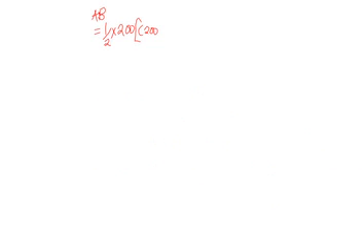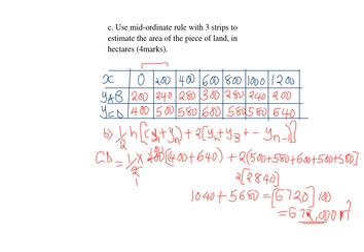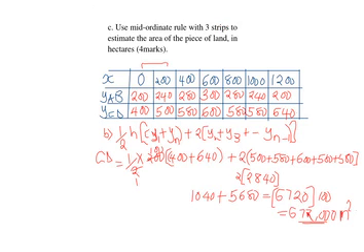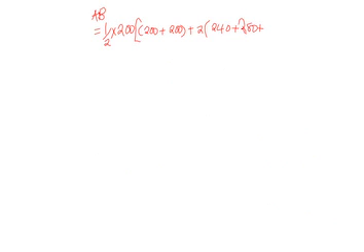So 200 plus 200, then plus 2 multiplied by the sum of the remaining values of y, that is 240 plus 280 plus 300 plus 280 plus 240.